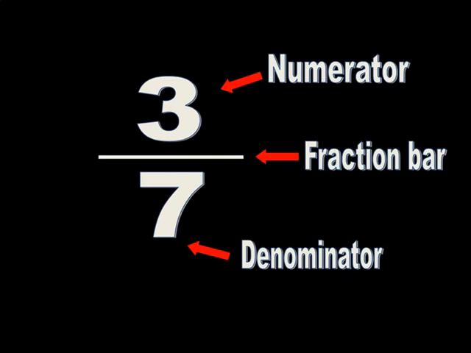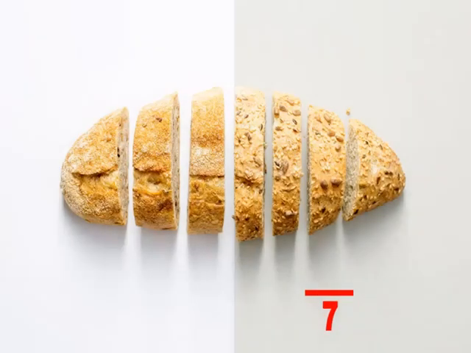The number below, that is the denominator, is the total pieces of the item we are looking at. In our example with breads, we can see that this bread has been sliced into 7 parts. Because the bread has been sliced into 7 parts, that 7 parts will now make the denominator to be 7.